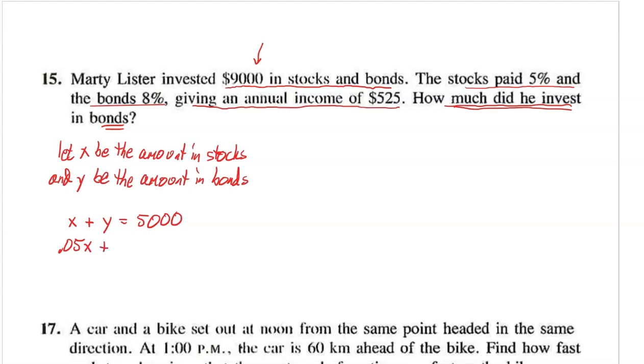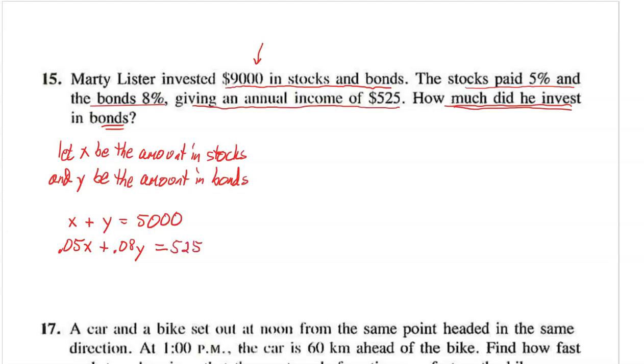Now add. The next percent is 8%. What is that as a decimal? That's 0.08. And that 8% is on the bonds. So I'm going to put the variable y next to it. And that's equal to the total amount of interest made, which is $525.